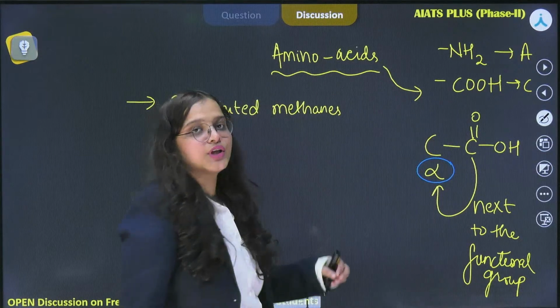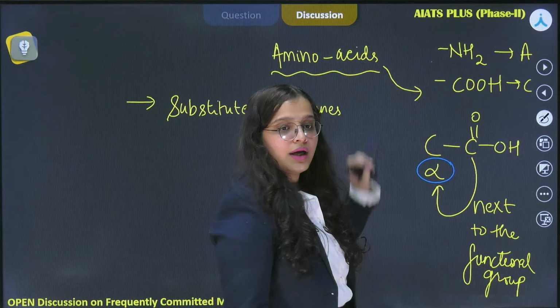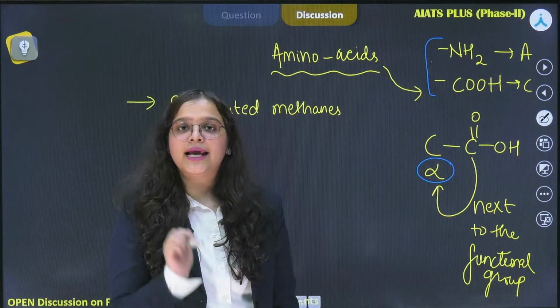So basically amino acids are molecules in which our amine group and our carboxyl group are present on the alpha carbon.